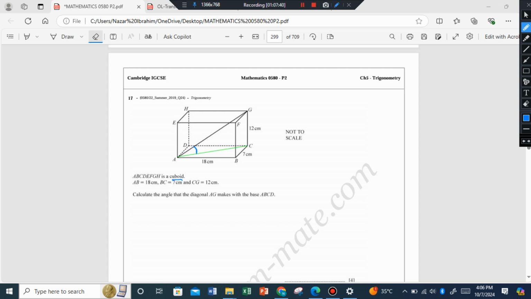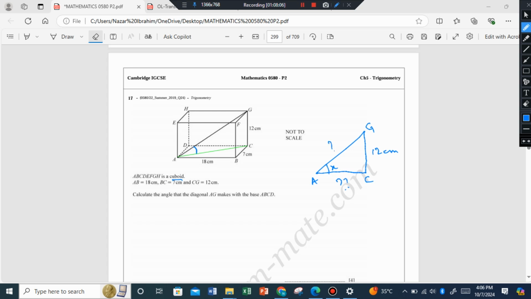If I make this triangle ACG, A, C, and this is G. Okay? So CG is 12 centimeter, and this side is not known to me, and similarly, this is also not known to me.